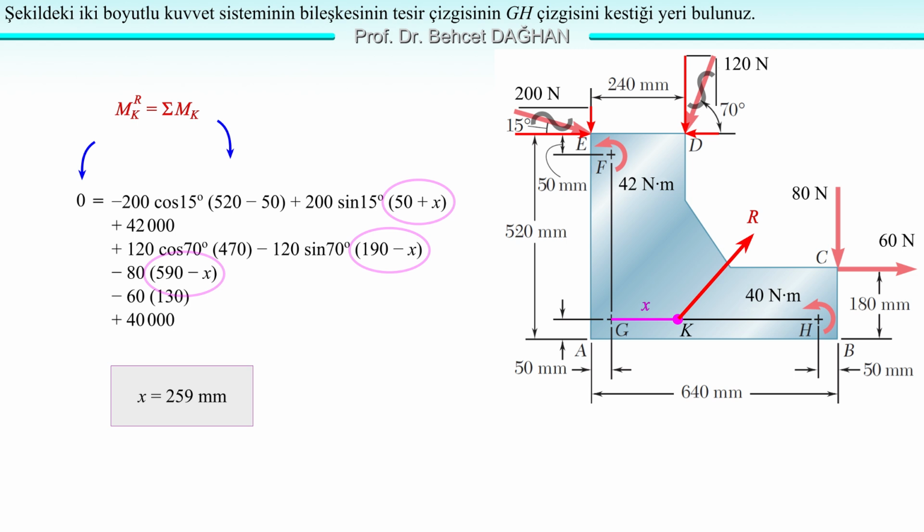Only the moment arms of the vertical components change. The moment arms of the vertical components change by an x amount. The moment arm of the vertical component of the 200 newtons force has increased by x, and the moment arms of the other two vertical components have decreased by x. Yes, from here, we get the same result. We get x equals 259 millimeters.